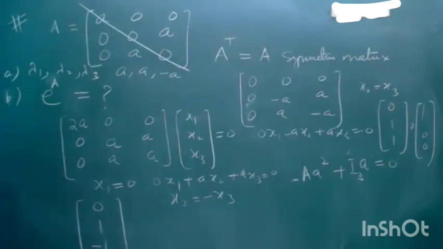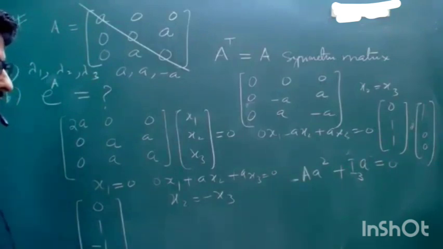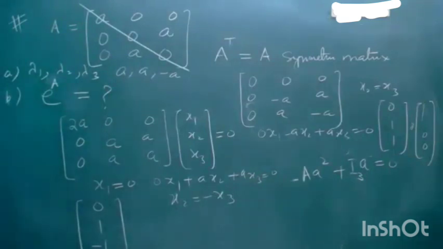Sir, for spectral decomposition, is it necessary to normalize the eigenvectors? Actually, the one where we did normalization, it was 1, right? Yes, sir. The previous one, we did not require it, the e to the power sigma 3 one.